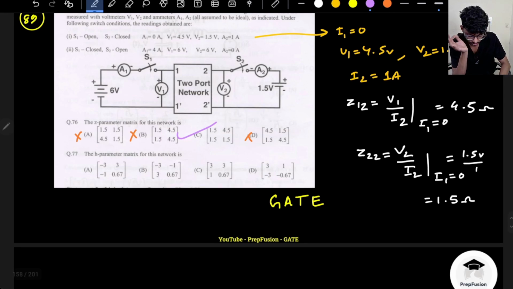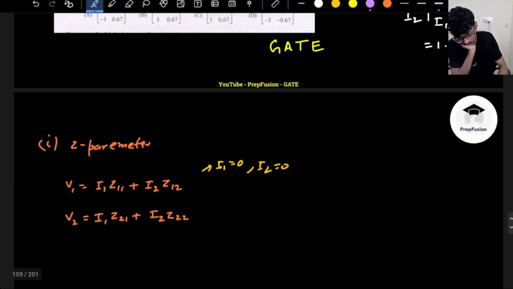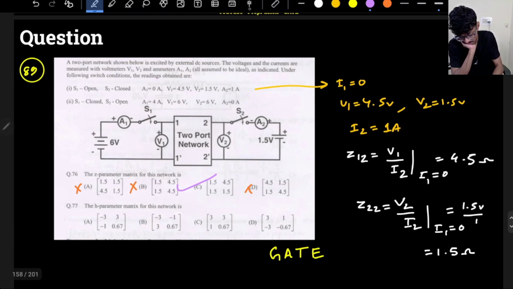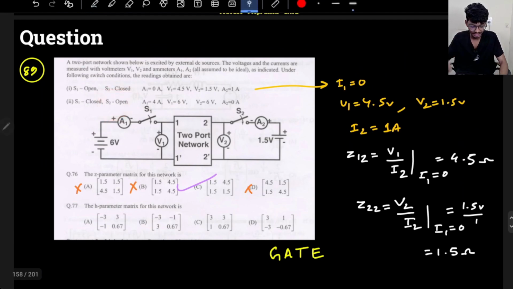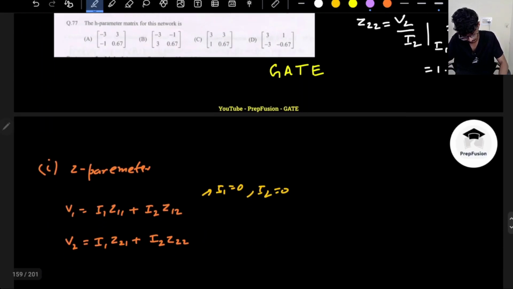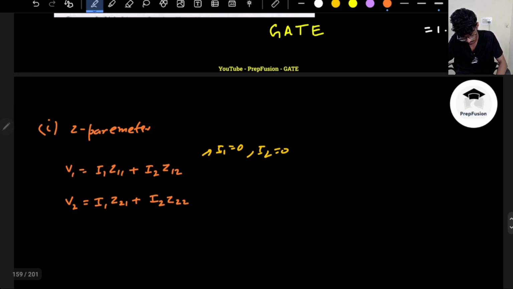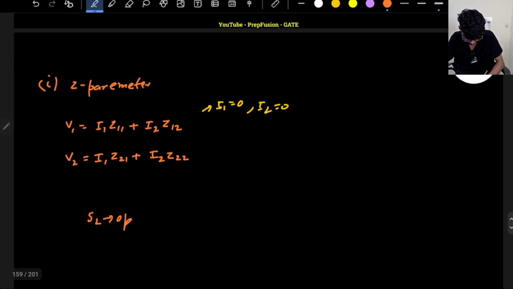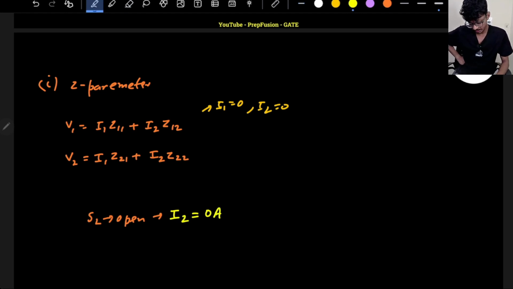Let's cross verify. Now the second case, what is case 2? Case 2 is S2 is open. If S2 is open, that means my I2 current will be 0.